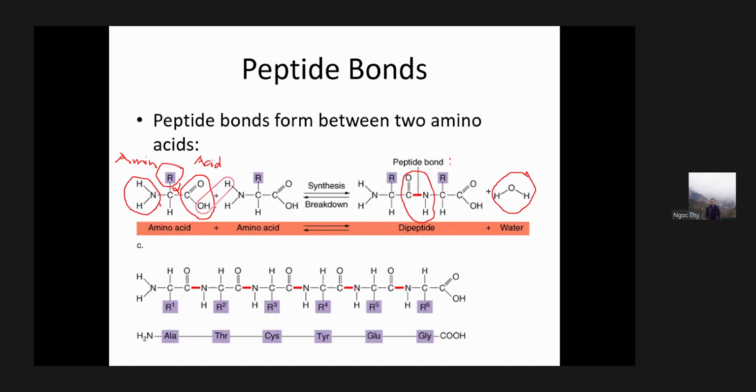Meanwhile, in DNA, we have the 5' and 3' direction.